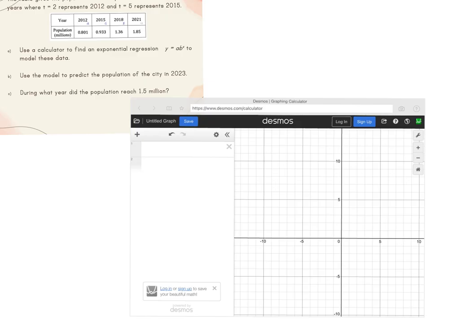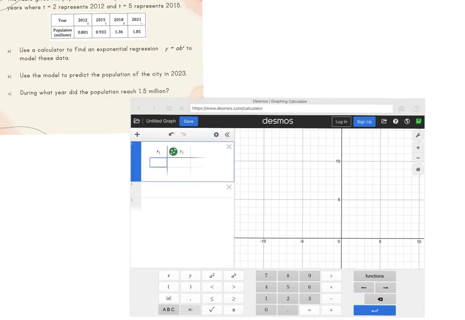All right, so I'm going to type in to Desmos. So 2, 5, 8, 11, 0.081, 0.933, 1.36, and 1.85.